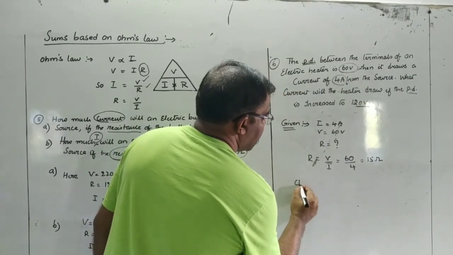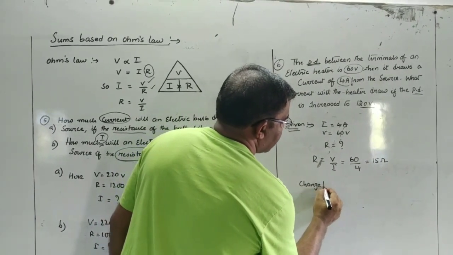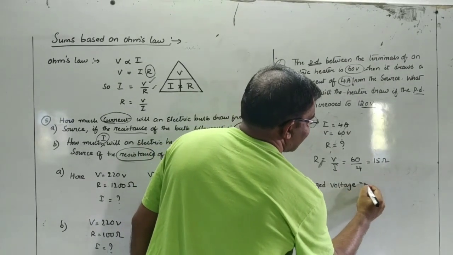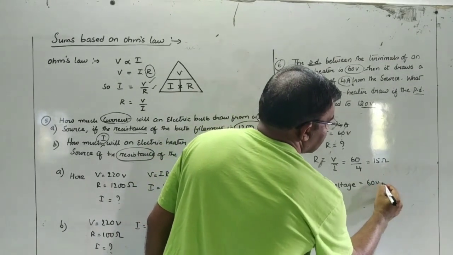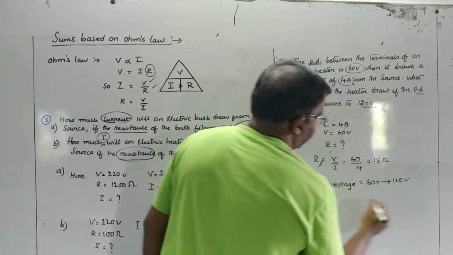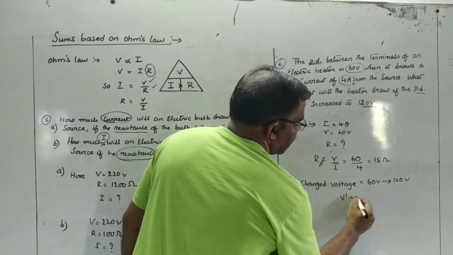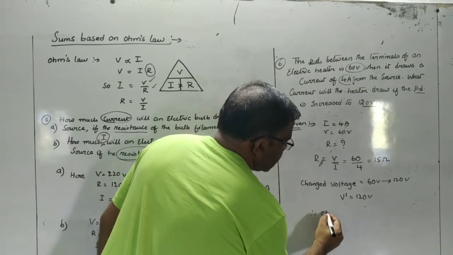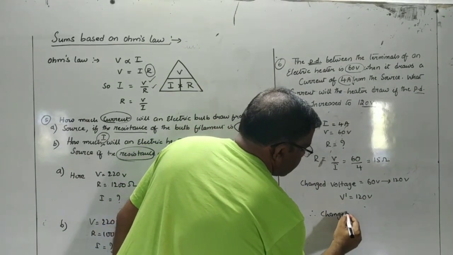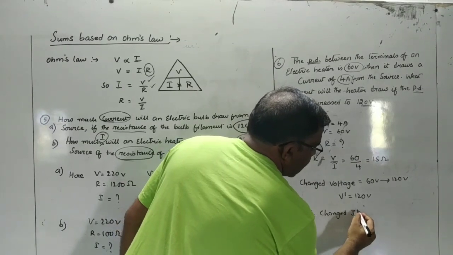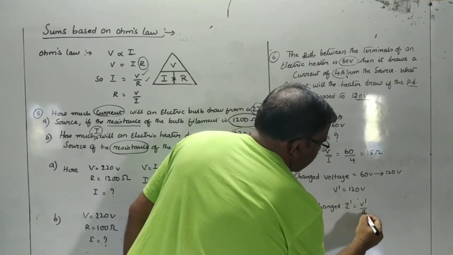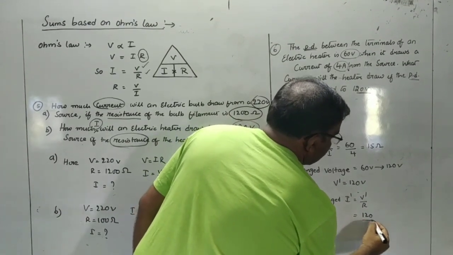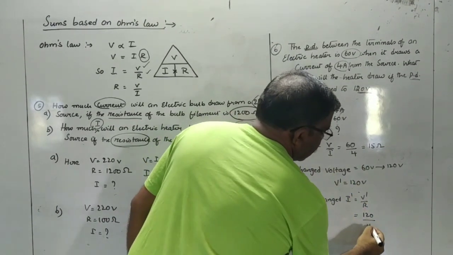Now, the changed voltage is how much? Changed voltage is 60 volts changed to 120 volts. So let V dash be the changed voltage. Therefore, the changed current I dash is equal to V dash by R, which will come out to be 120 divided by the resistance we got, 15.